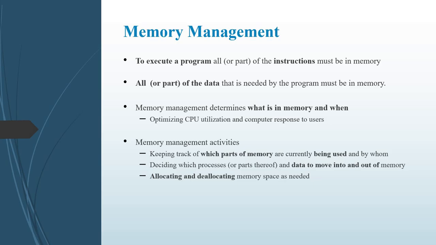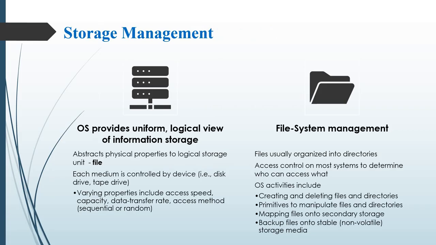And the next thing is allocation and deallocation of the memory spaces for each and every process. Next one is storage management. If you check storage management, the OS provides a uniform and logical view of the information storage, which is called files.